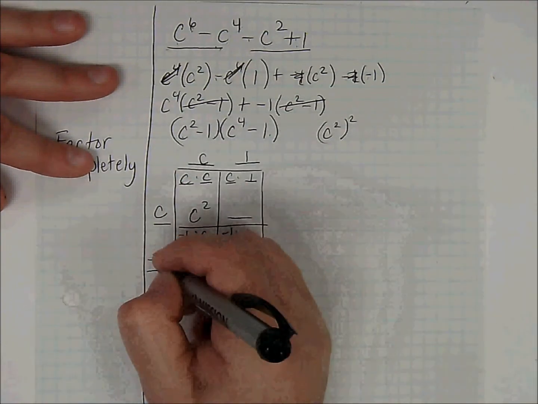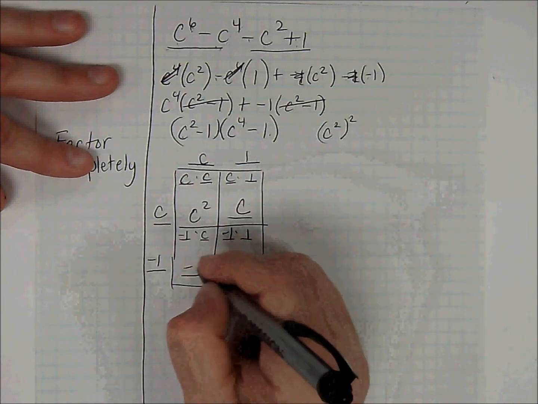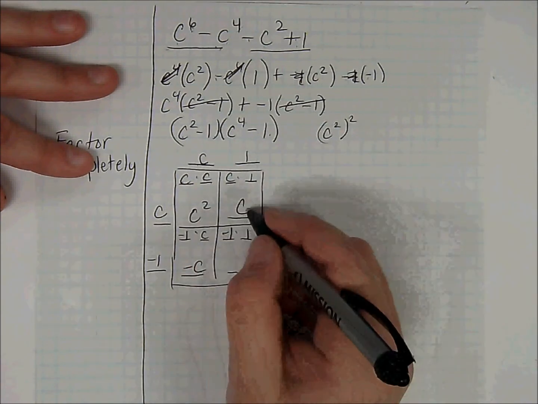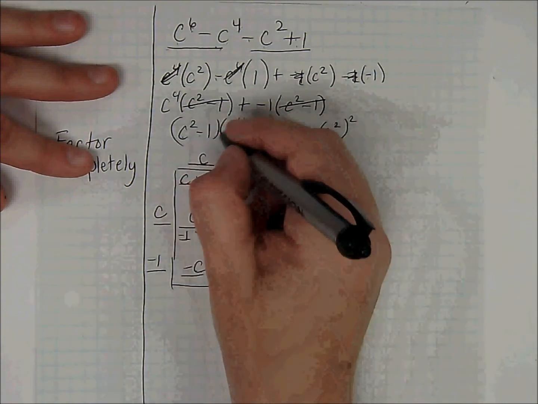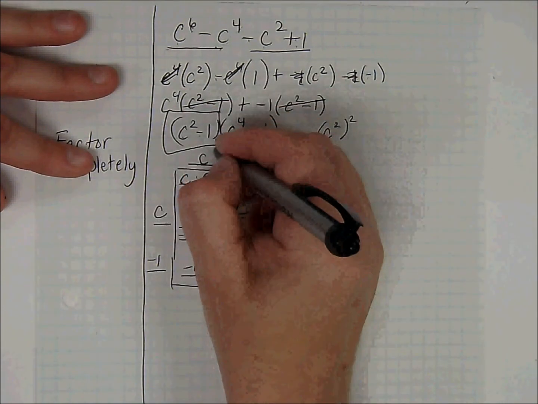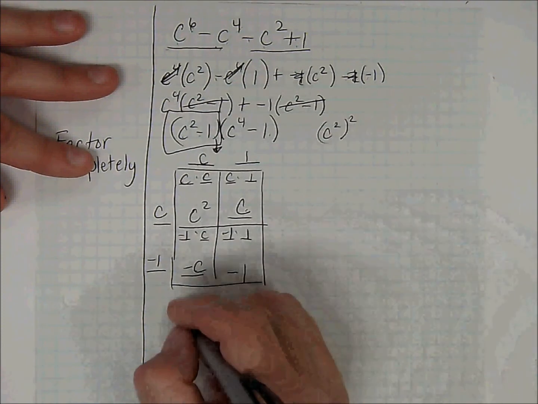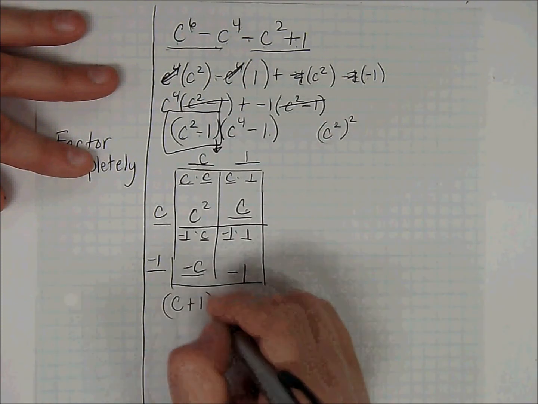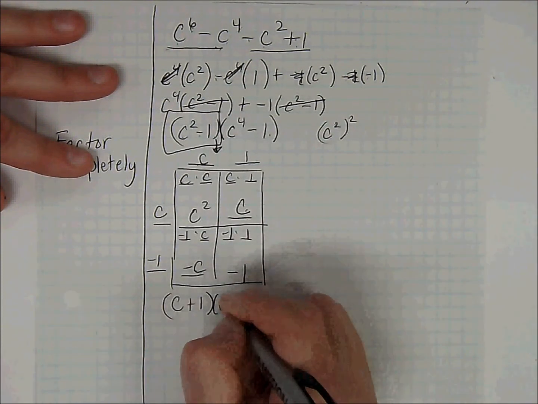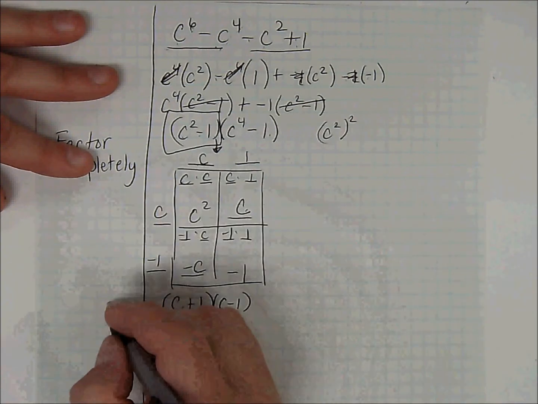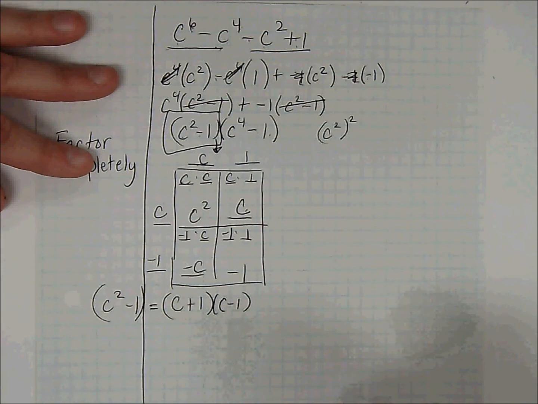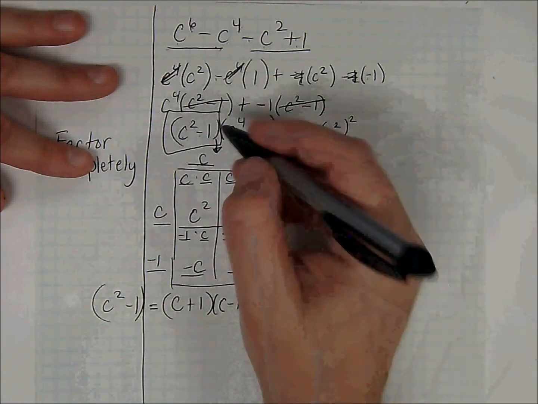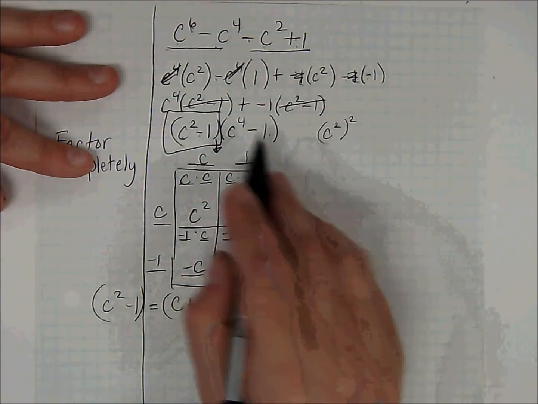And here's negative 1. And we get a c and a minus c. And when we subtract them, because one's positive, one's negative, we get the 0 in the middle. So for this portion, we get c plus 1 and c minus 1. And remember, that's for the c squared minus 1, and that's going to come back and be helpful in a minute also. So we've got the first part done because I can't factor anymore.